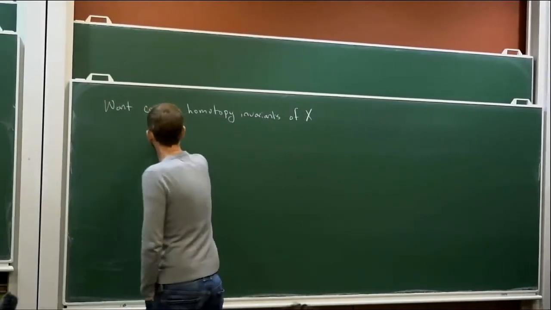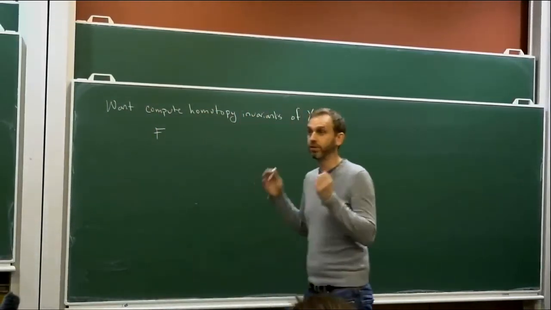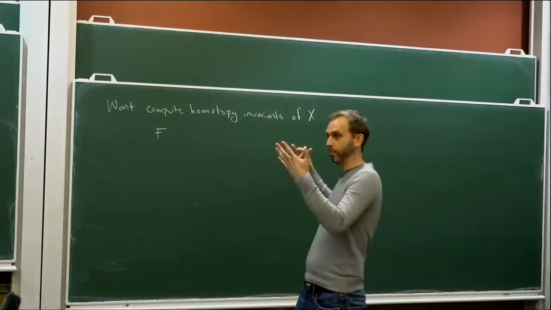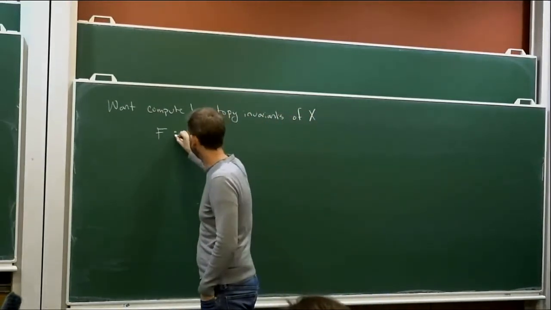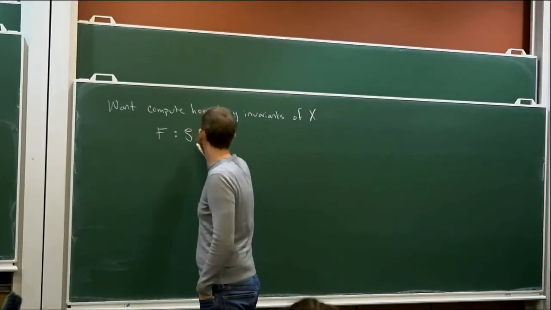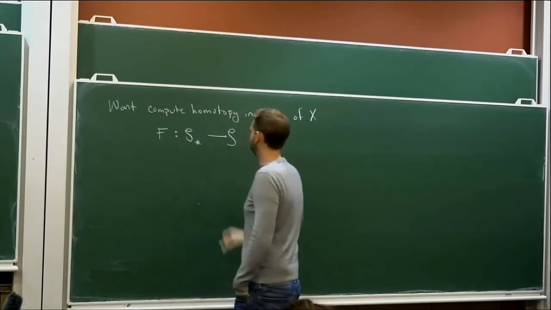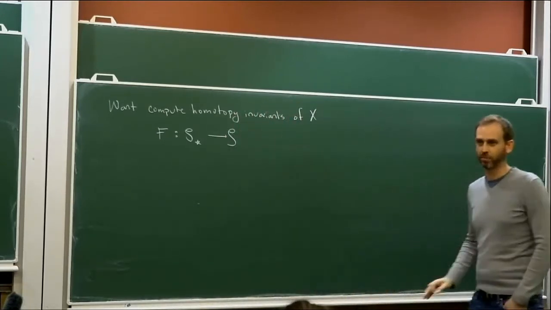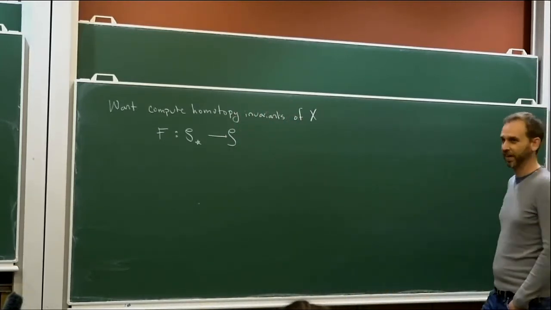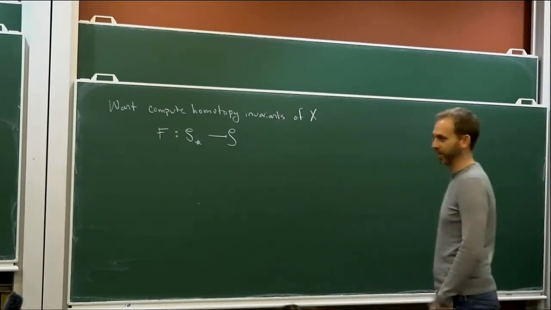Well, one thing we could do is imagine giving ourselves some functor, some function of X, let's say. Let me think of this as a functor from, say, pointed spaces to spaces, and hopefully I won't get in too much trouble with base points. I may add a base point here if I get stuck, but anyway.